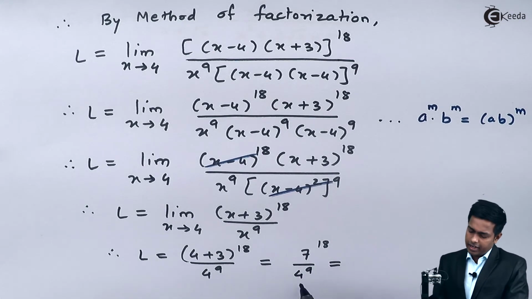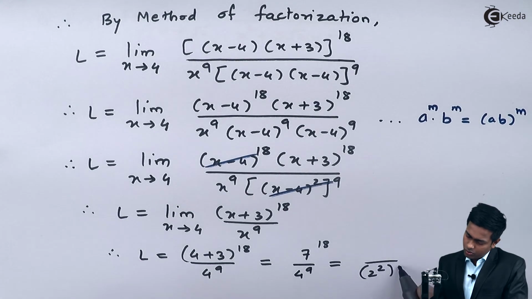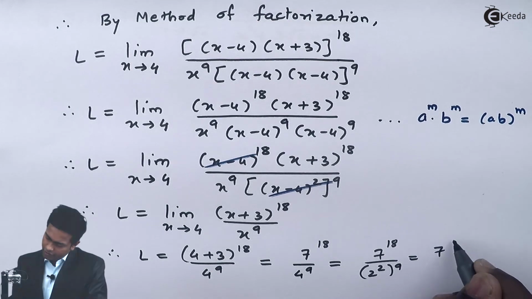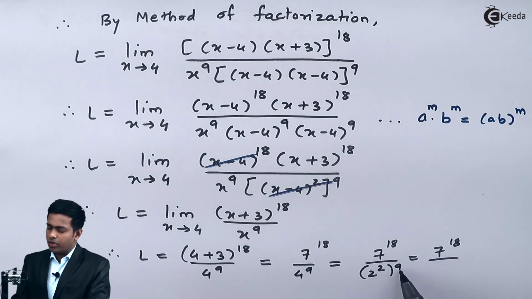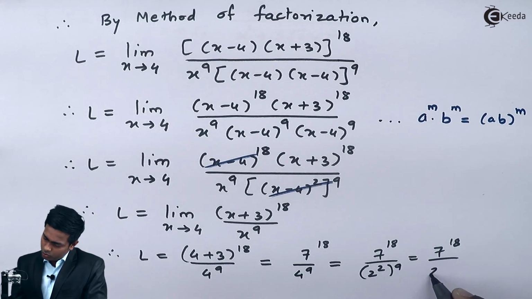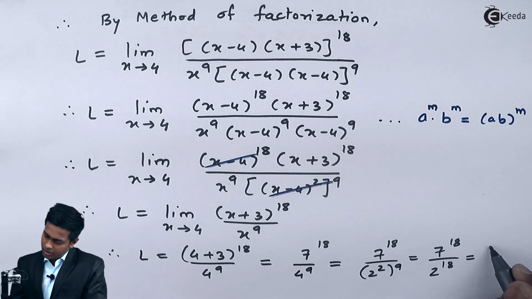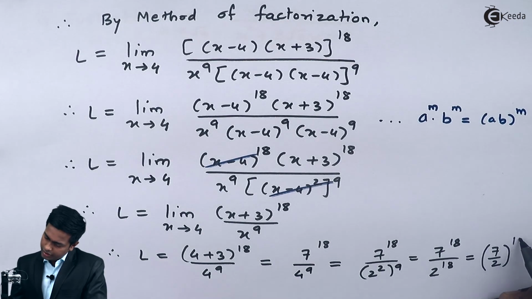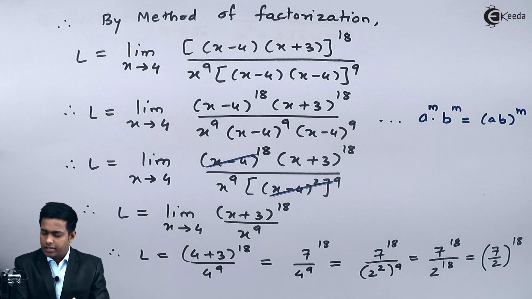Again, I can rewrite this term as (2²)^9, so 7^18 as it is, and 2 into 9 is 18, so it will become 2^18. From both these terms we can take power 18 common, and in the bracket we will get (7/2)^18, and this is the value of the given limit.